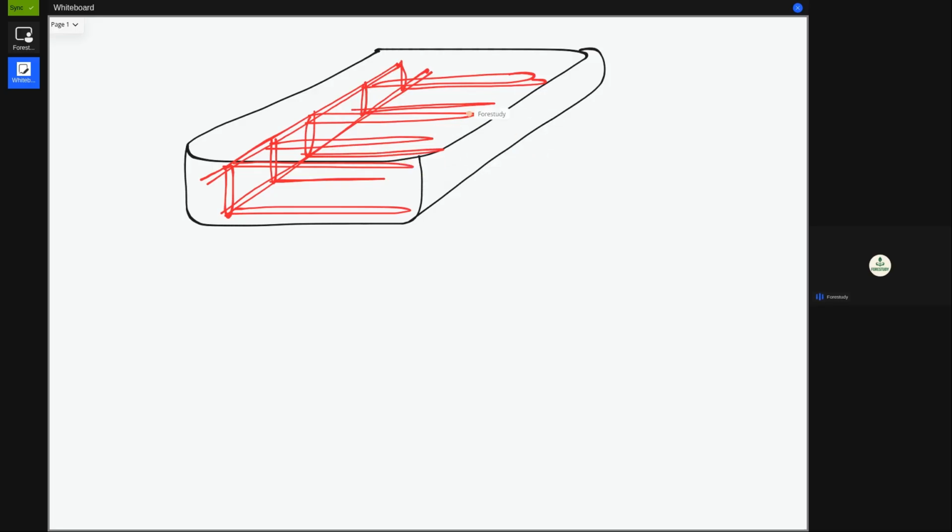They can be joined here also, like that. Okay, so anything which is parallel to the ore body will be called a drive. Anything which is perpendicular to the ore body will be called a crosscut. Fine. This is the ore body.